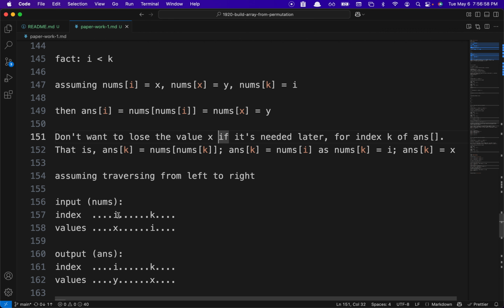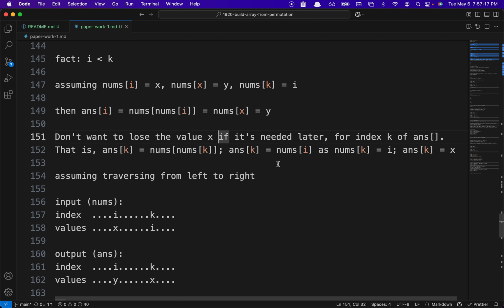So nums of I, let's say, is X. Nums of X is Y. You put that. Later, we need this X.